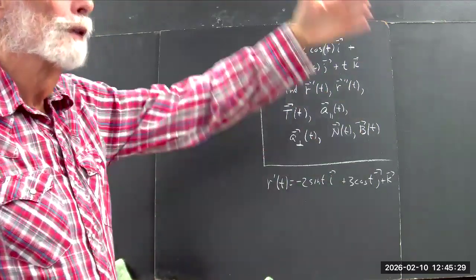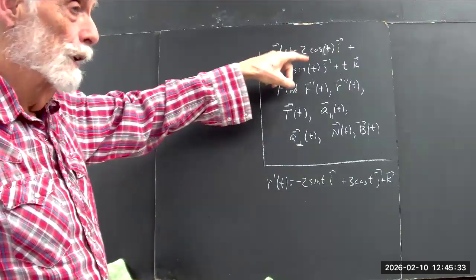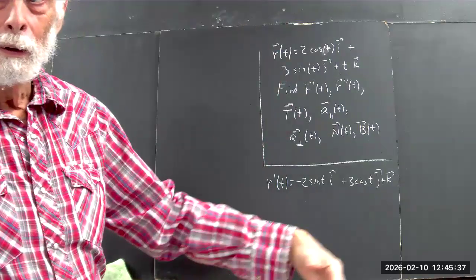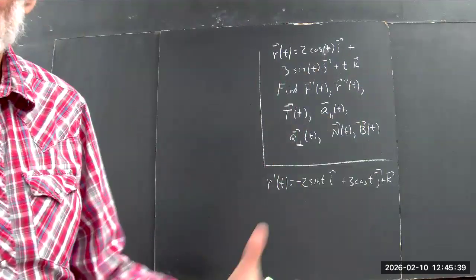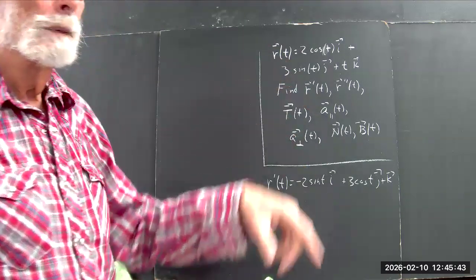Exaggerate it in the y direction, it's going to go further in the y direction. Exaggerate it more in the y direction than in the x direction, you're going to have an ellipse. It's tall and narrow. Not all that narrow, but you get the idea. And you really have to understand that.